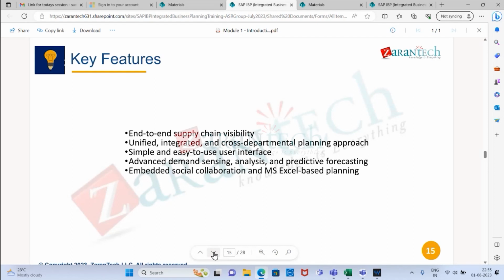Okay. So what are the key features of IBP? It is giving basically end-to-end supply chain visibility. So visibility is an important parameter. Like at every interval, every stage, it will give you a visibility of what's happening. So where are we with respect to the forecast versus actuals?